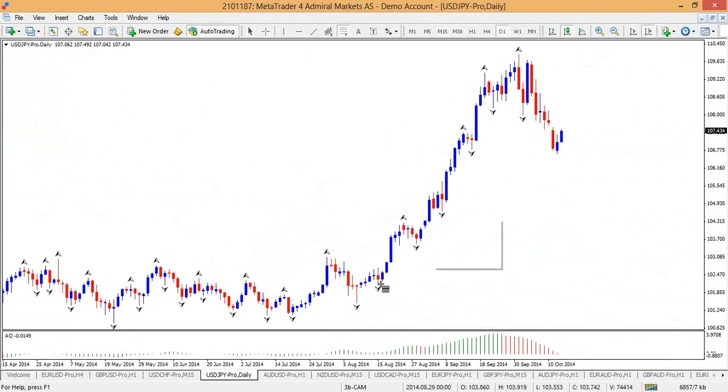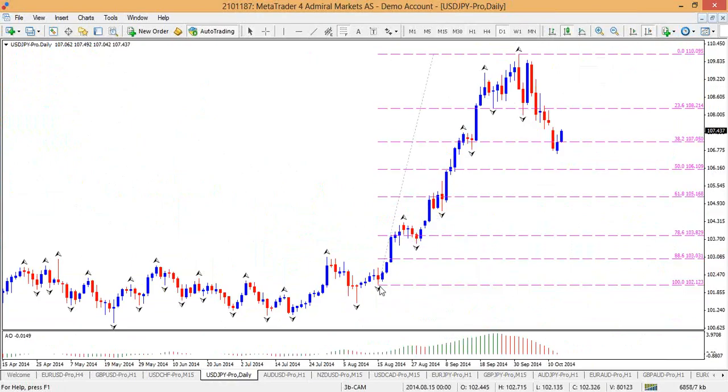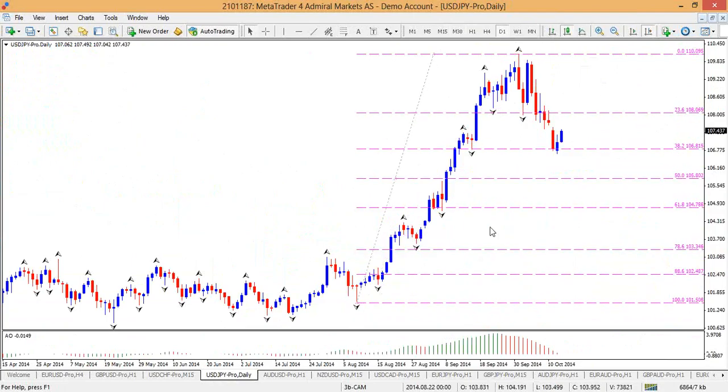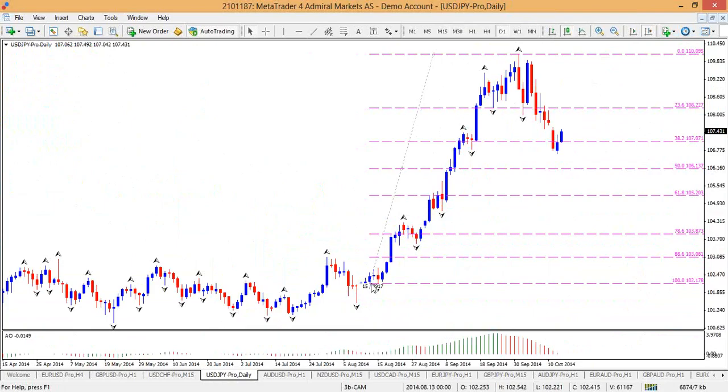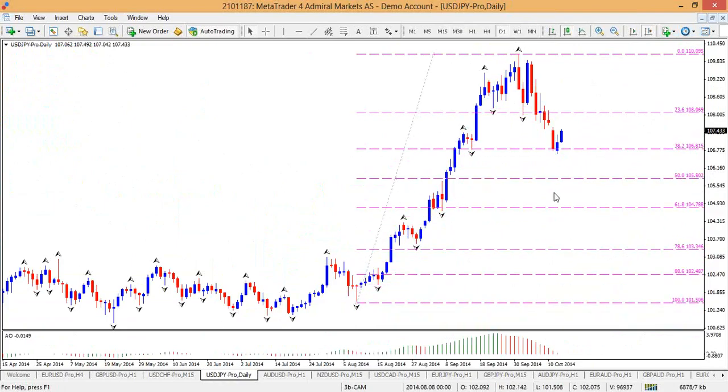I was putting my fib on this part, I think. I don't know, either one of these legs, and I put my stop loss below the 38.2 fib, but as you can see, just a bit too much. I went to 106.72. Well, the fib is at either 106.82 or 107.07. So either way, I was below the 38.2.